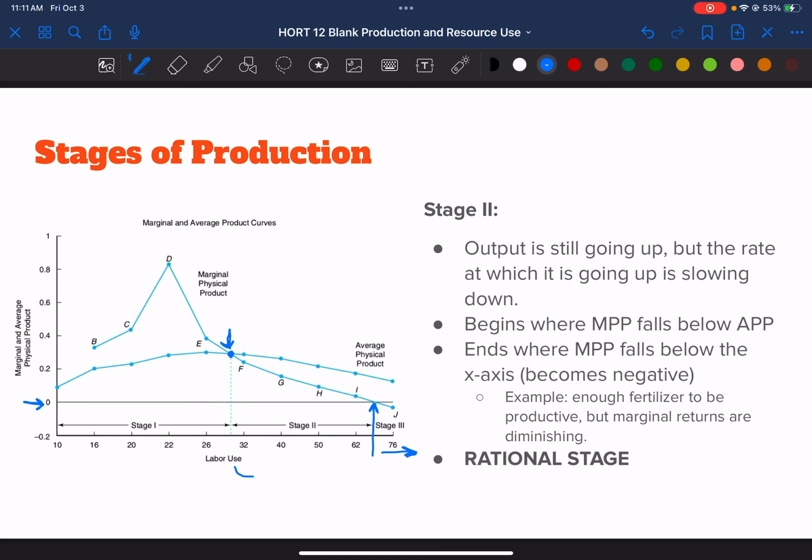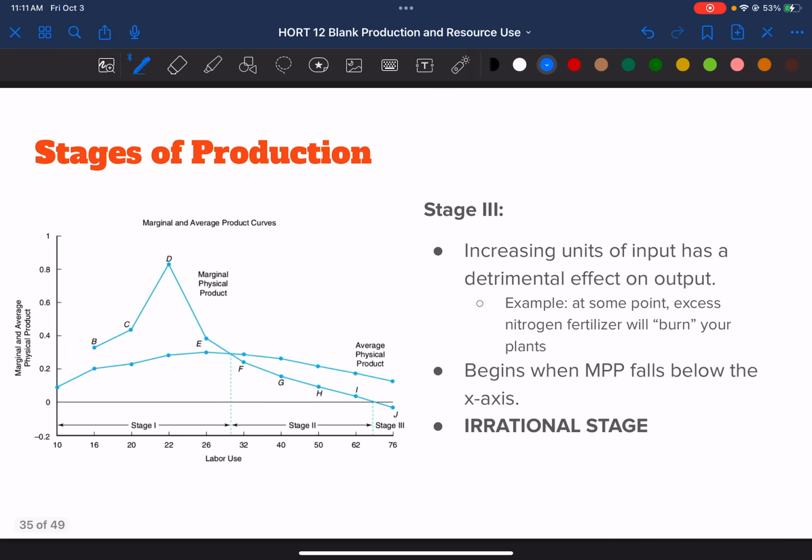Businesses strive to function in stage 2. They want to be in what we call the rational stage, where the amount of inputs that they're putting in is giving them a decent amount of returns.